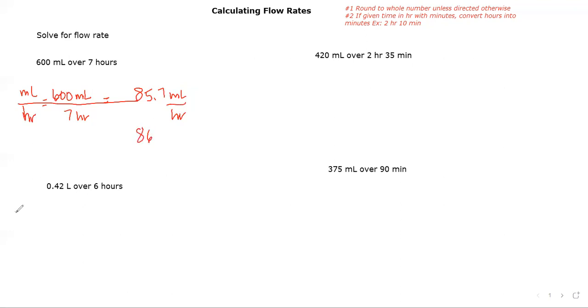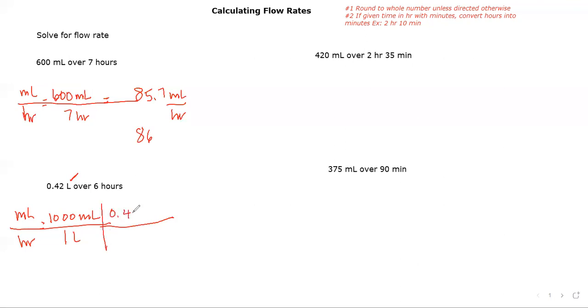All right, next one, milliliters per hour again. We're not given milliliters in the problem, but we have to start with milliliters with dimensional analysis. So I know that I can convert liters to milliliters, so I'll work towards that. 1,000 milliliters is the same as 1 liter.